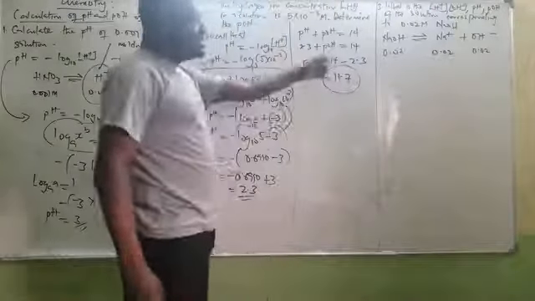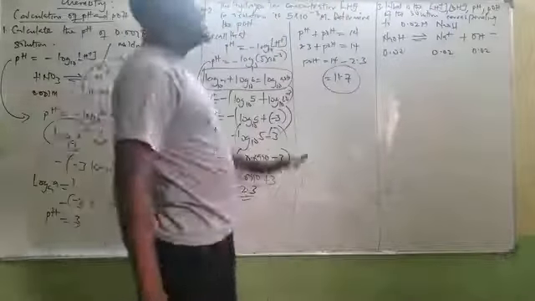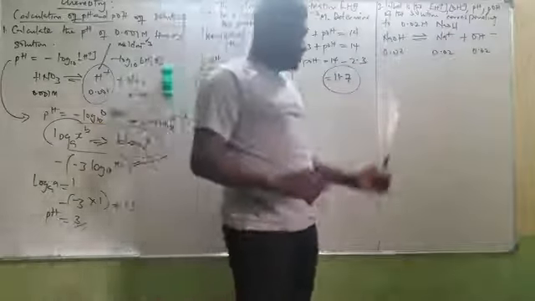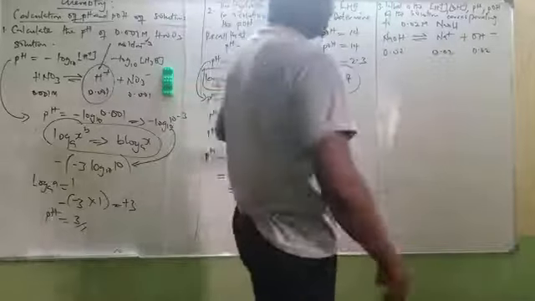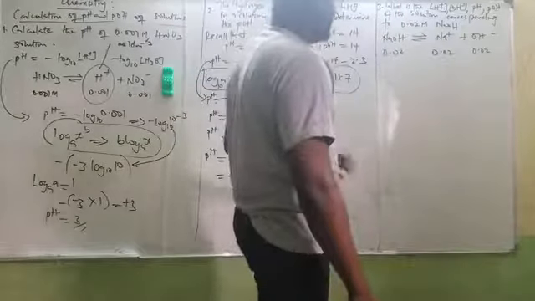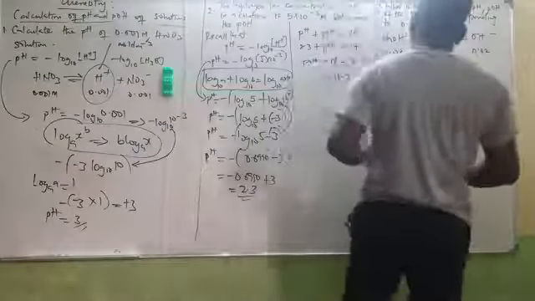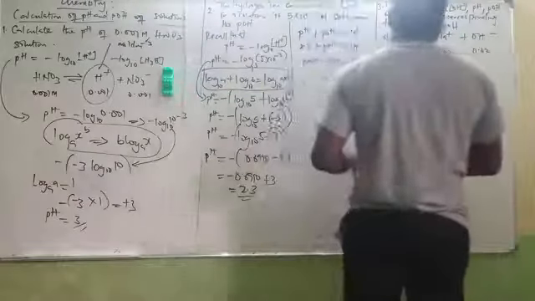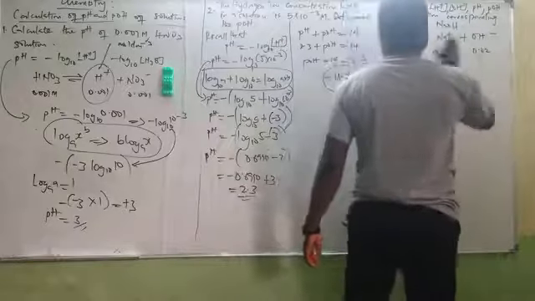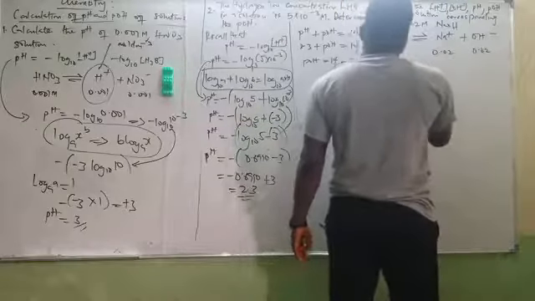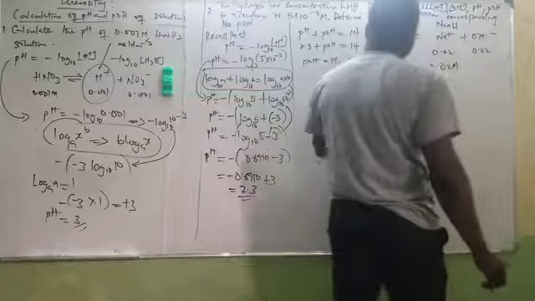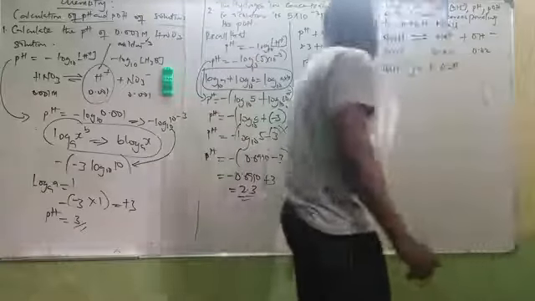Now, there are some situations where this may change. Let's watch out for the next question. I think I will give us a question on that, and we'll see how this may vary. So try to watch it to the end. So now we have our hydroxyl ion concentration to be 0.02 molar. That means we've gotten this, right?